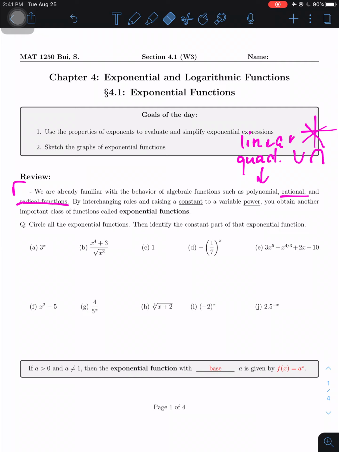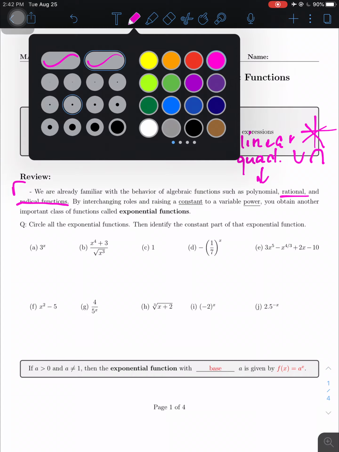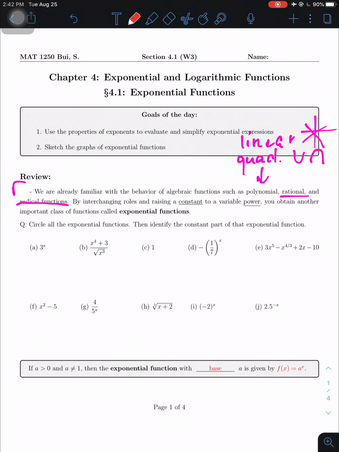By interchanging roles and raising a constant to a variable power, you obtain another important class of functions called exponential functions. Notice that in this informal definition for exponential function, for the power we're going to have a variable, okay? What do I mean by a variable power? In the past we talked about 2 squared, which is 4, right?